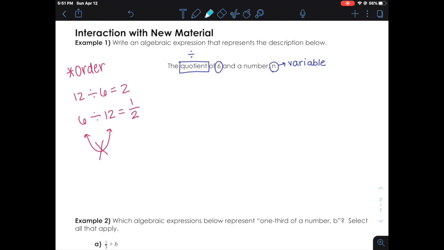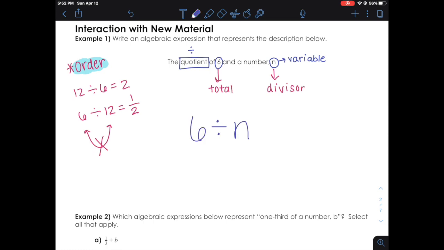So it's very important that we pay attention to our order. The first number that we're given is actually our total. And the second number, or our variable, ends up being our divisor.